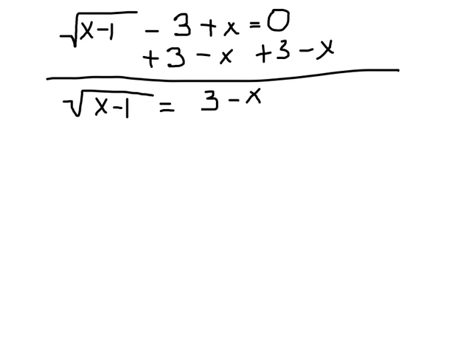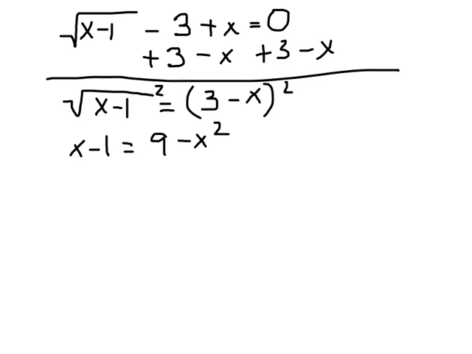Okay, if I square both of these, I'm going to get rid of the radical sign here, and I'm going to have x minus 1 equals 3 minus x, squared.